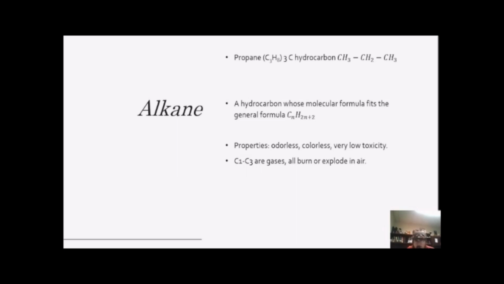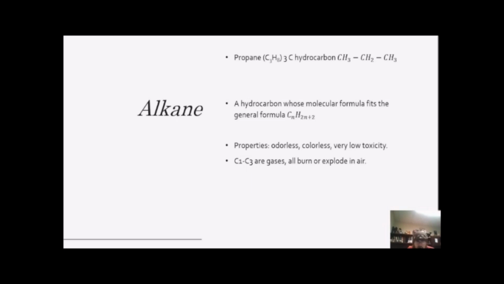It has to have CH3, CH2, CH3, because carbon can only make 4 bonds. It is making a bond to one carbon, a bond to a second carbon, and that leaves 2 bonds open for hydrogen, and only 2 bonds.